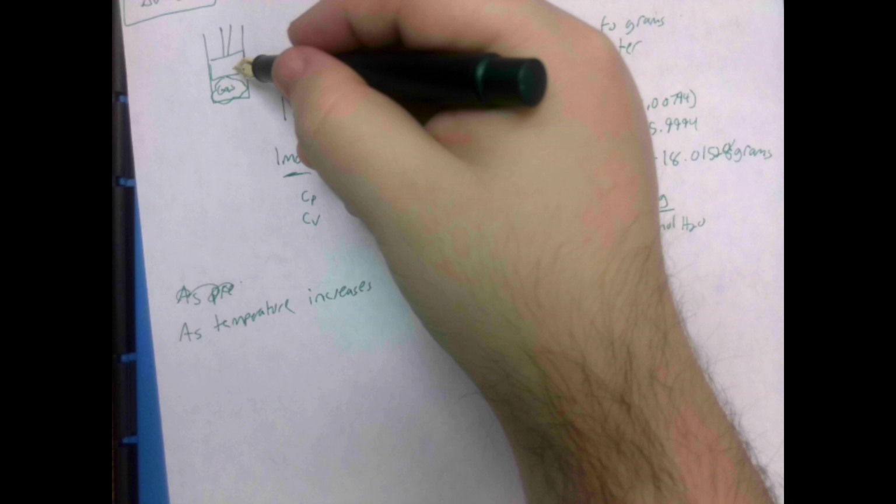So if we have the initial pressure and divide it by the initial temperature, that must equal the final pressure divided by the final temperature. So initial pressure divided by initial temperature has to equal final.